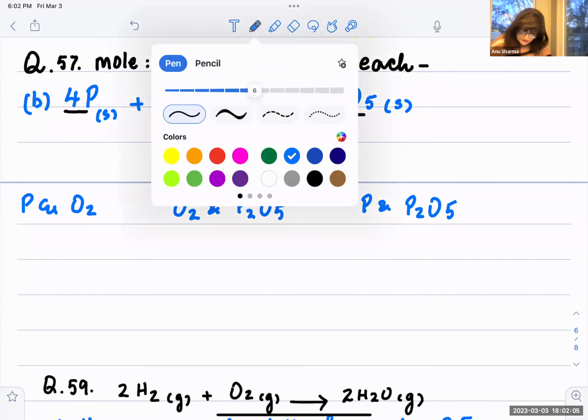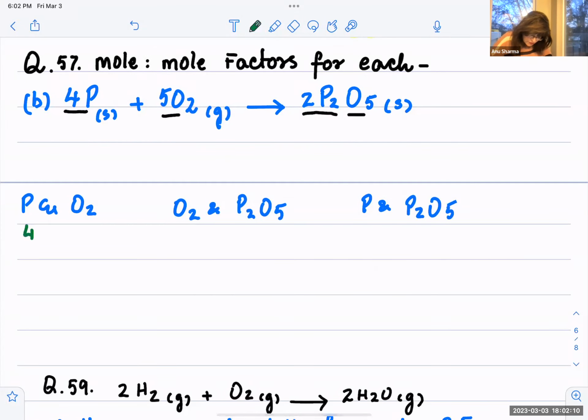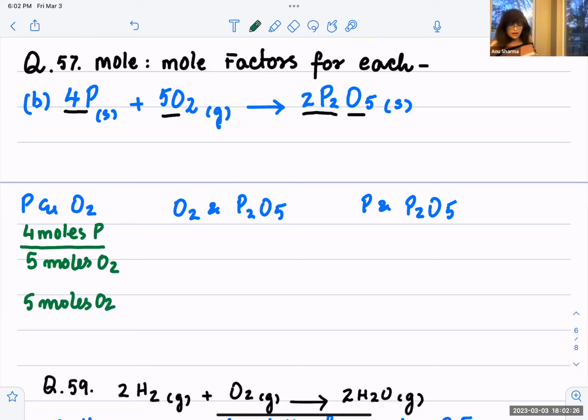Okay, so how will we do this? We see that there are 4 moles of phosphorus reacting with 5 moles of oxygen. So you write this 5 moles of oxygen over 4 moles of phosphorus, and 4 moles of phosphorus over 5 moles of oxygen. Next is 5 moles of oxygen.